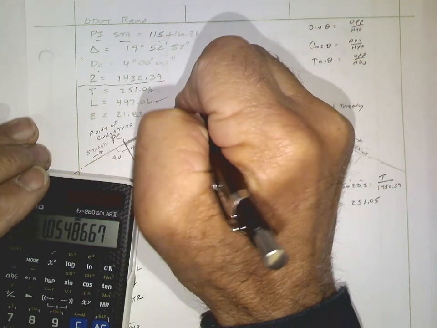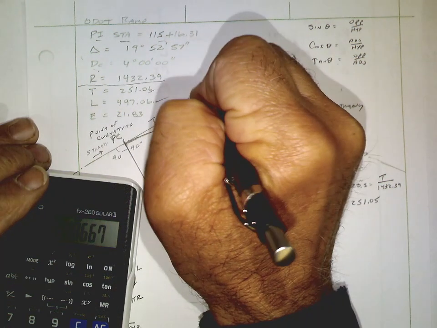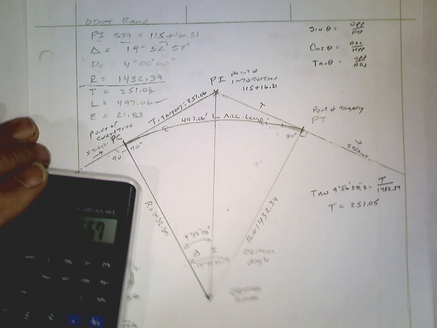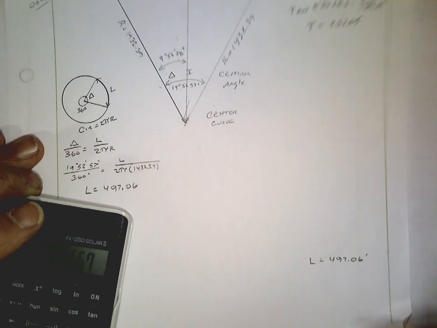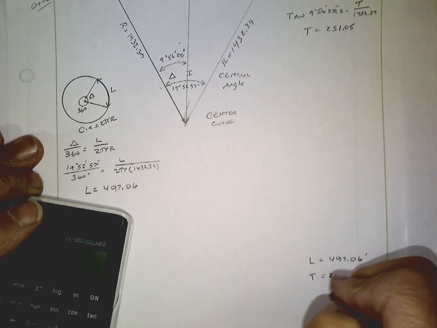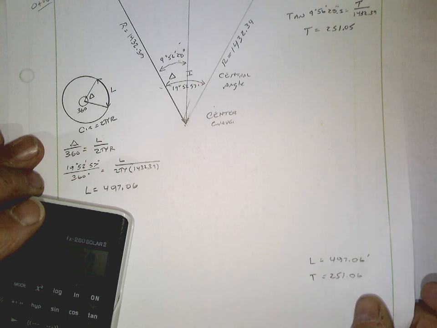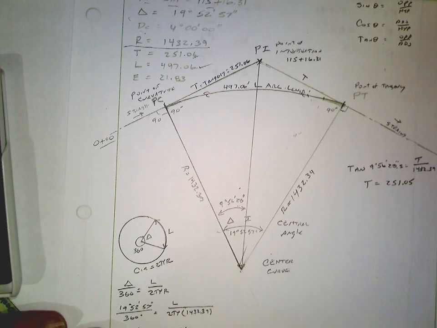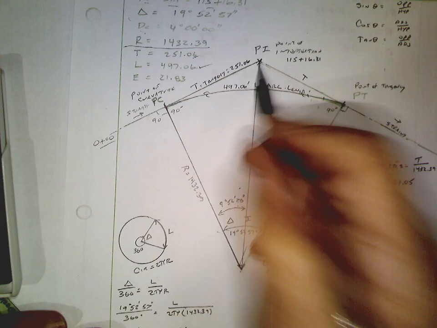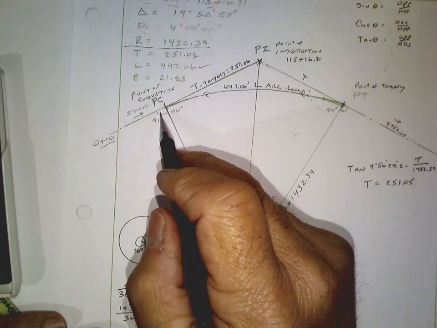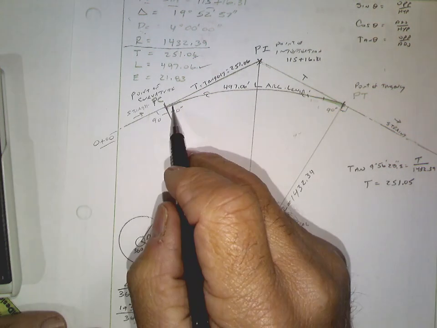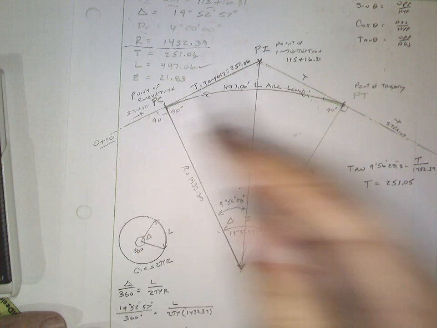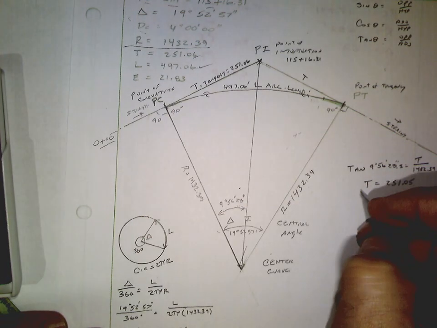So this t is 251.06. And just because, I'm going to go ahead and put it down here. Well, what that means is we can go from the point of intersection, go backwards towards 0, and get the station of the PC.